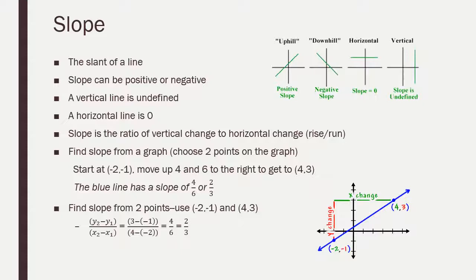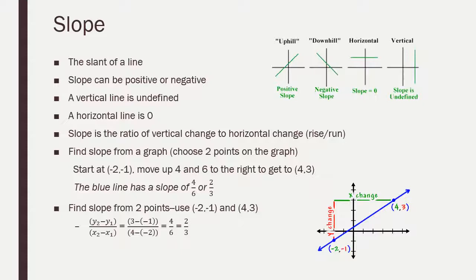Here I'm going to be moving from the point (-2, -1), and I'm first moving up because that defines the rise. I want to get up to the level of the other point. So from (-2, -1), I would go up 1, 2, 3, 4 spaces until I reach the level.